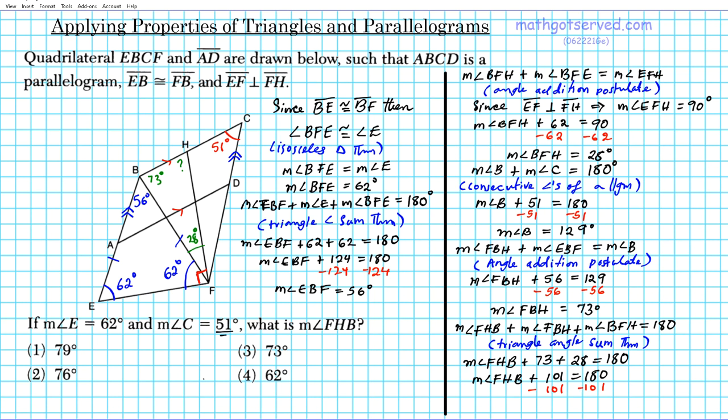When you do a subtraction, you're going to get the measure of angle FHB is equal to 79 degrees. Bam. All right, there goes your final answer. Option number 1 is the correct answer to this question.